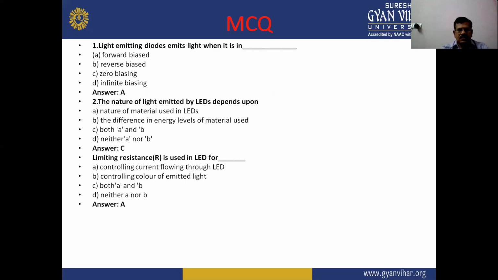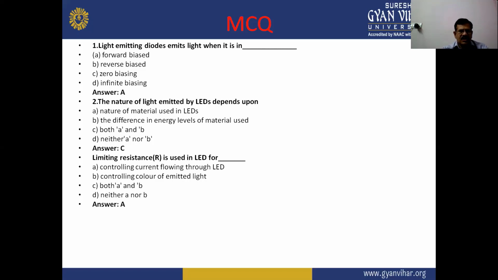There are some multiple choice questions on these topics. They are very interesting and important questions for clearing the concepts of these topics. Question number one: a light emitting diode emits light when it is in option A forward bias, option B reverse bias, option C zero biasing, and option D infinite biasing.